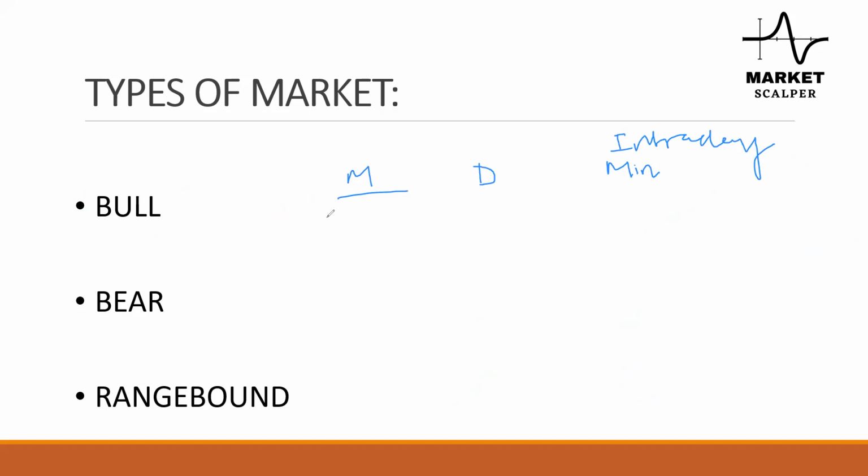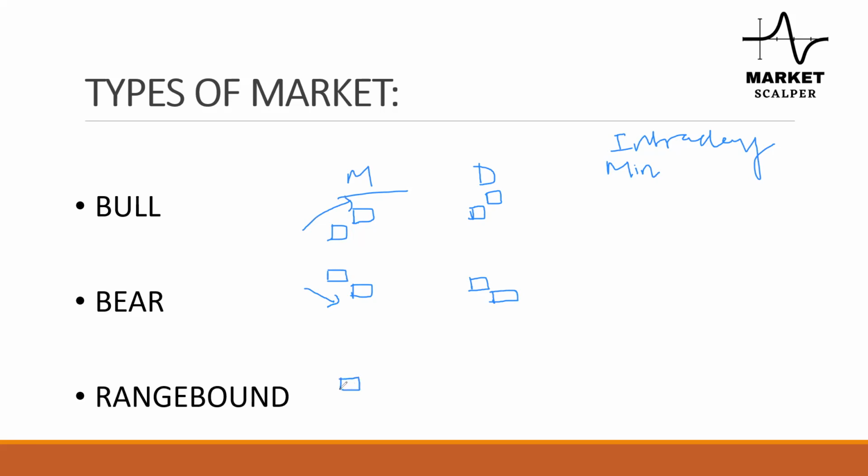If it's monthly, you would observe that the next candle opening should be above the previous candle closing for a bull market, likewise even for the day candle. A bear market would be something like this, where the close would be different from the next day's opening and closing price. So this is a downward trend, and this is an upward trend.